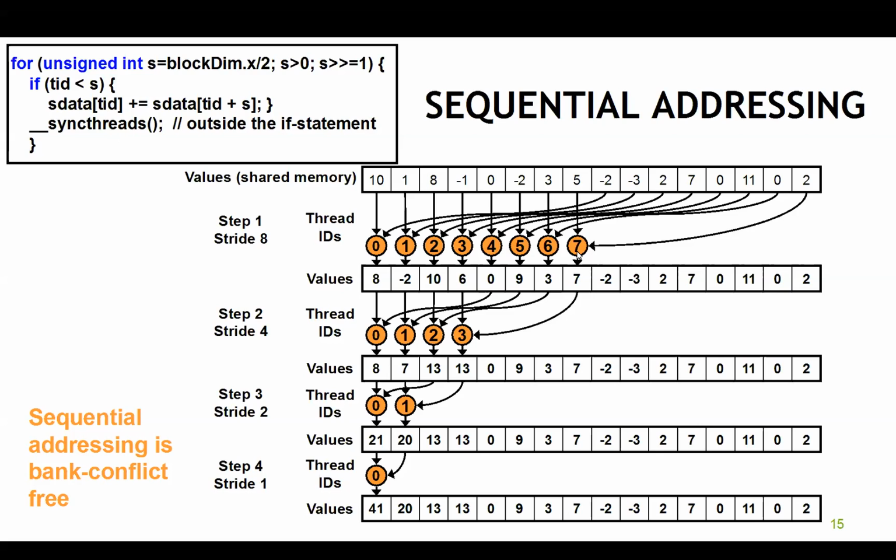Instead of having 8 additions to perform in this example, in our next iteration of the for loop, we divide our S variable by 2. And therefore, we have 4 sets of additions to perform using 4 threads. Then in our next iteration, we divide S by 2 again, and we have 2 additions to make, finally 1 addition to make, and the end result is the first location in shared memory at the bottom on the right-hand side.